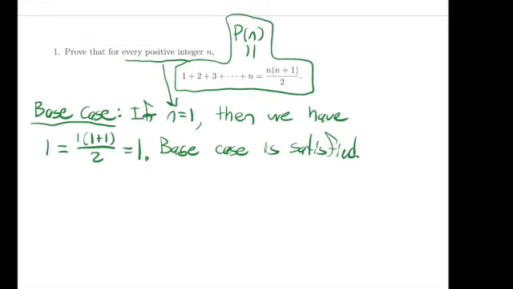And that's usually what's really nice about induction. If you're finding it really difficult to prove the base case, induction might not be the best method. But if the base case is easy, and then we see that there's some iterative process, that sets us up really nicely for induction.